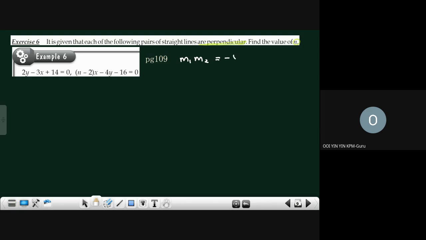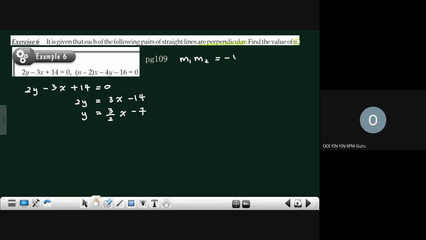Now two equations here. 2y minus 3x plus 14 equals 0. Same here, rearrange in y equals mx plus c. So 2y equals 3x minus 14, and then dividing everything by 2, you get y equals 3 over 2 x minus 7.